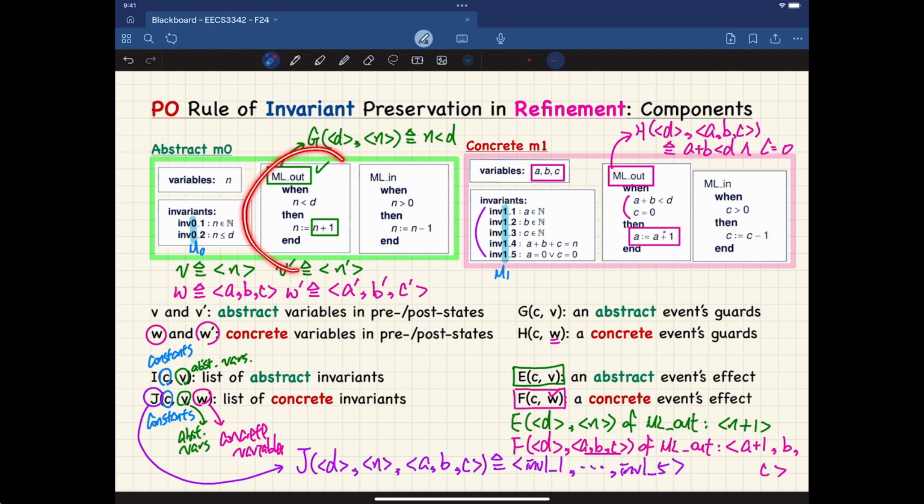When you talk about this first pair, you want to show that the concrete guard implies the abstract guard. Number two, when you look at this pair over here, you want to show that the concrete guard implies the abstract guard over here. That's something I'm sketching. At least you know what I'm referring to.